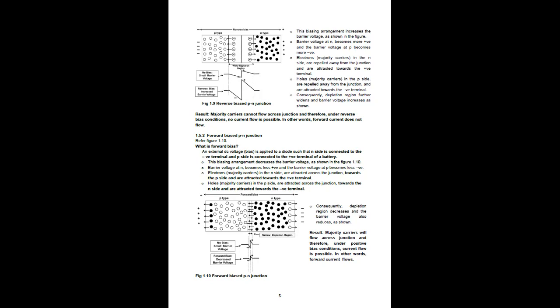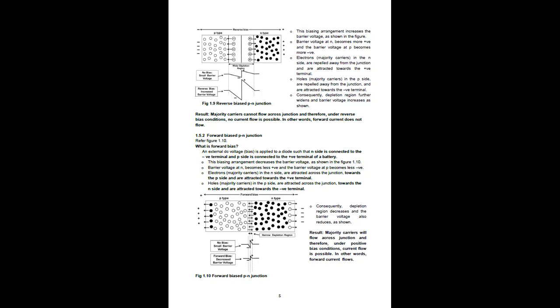Conversely, there will be a wider barrier for the conduction of electrons and holes, so there will be no conduction at all because the barrier is increasing. In order to cause smooth conduction, the barrier must be reduced. It means the depletion region must be diminished.